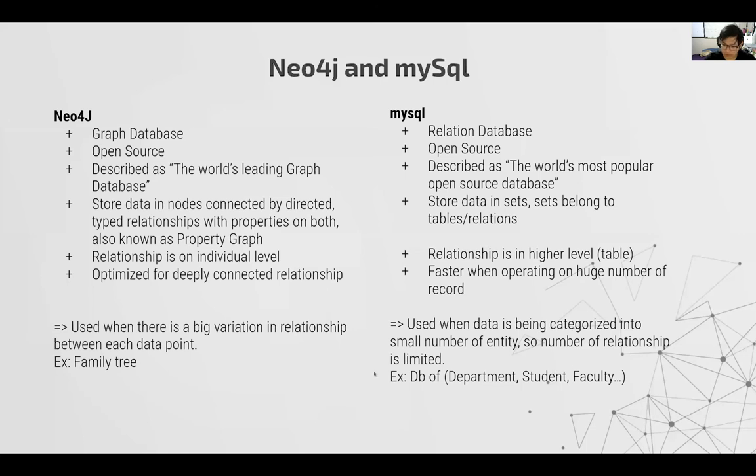For a classic example right here, a database of department, student, and faculty. The relationship between department and student is pretty limited, like just one or two. The relationship between department and faculty is the same, like the chair in the class example.